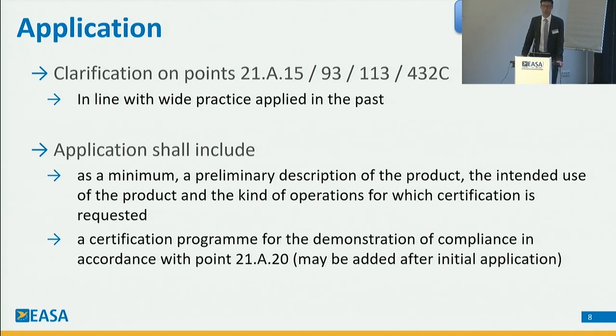Could be one example. Or if you have to request an equivalent safety finding because your design is not covered by the CS, or you would not meet the CS, but actually you would meet the intent of the CS, then you should indicate already in the cert program an ESF, even if it's maybe not completed yet, but at least there is the need for such a thing.